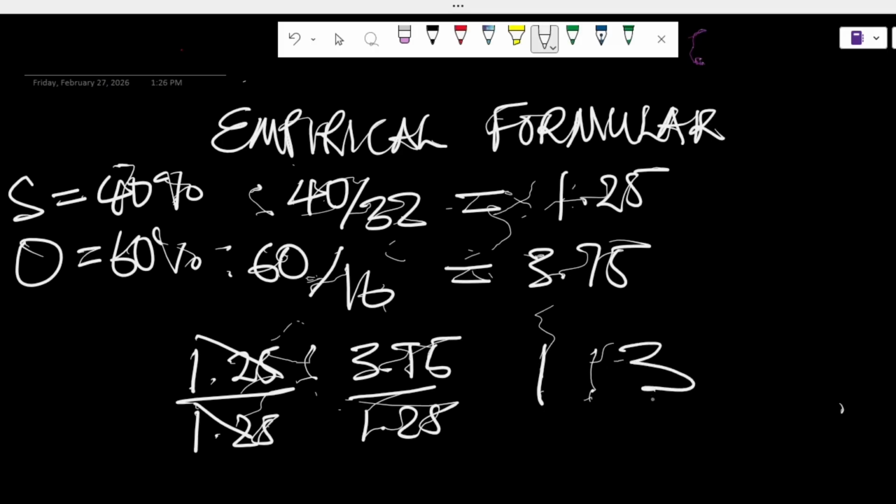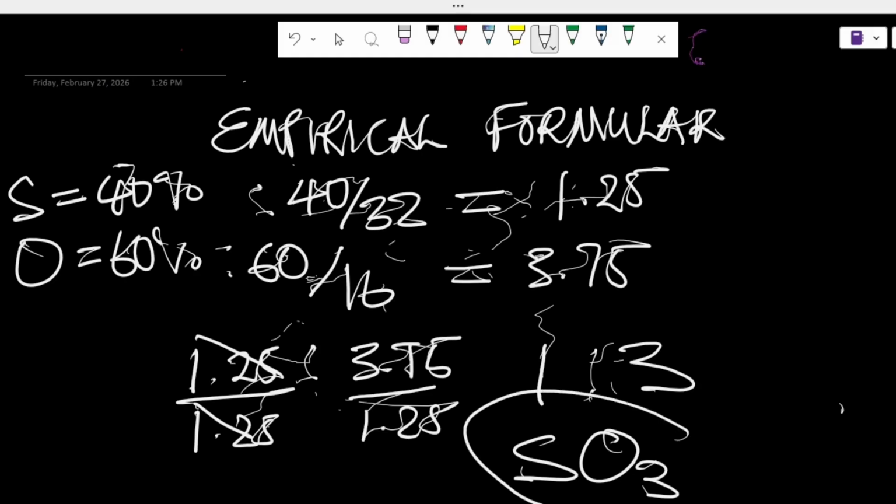So 1 to 3 is the ratio that you're going to get there. Now remember, 1 is for sulfur and 3 is for oxygen. In other words, you have 1 sulfur atom and 3 oxygen atoms. When you put them together, you're going to have S, and then you have O3 here, because you have 3 oxygen atoms here. And so this is the empirical formula for these two elements.